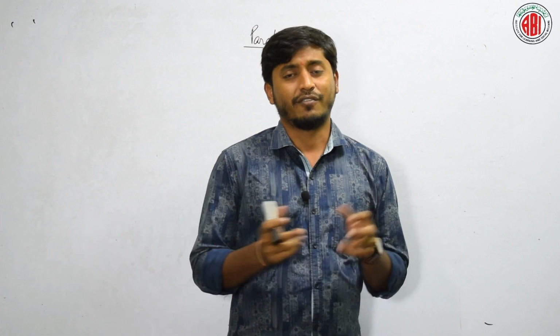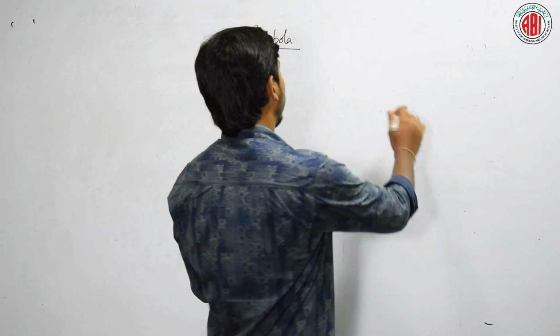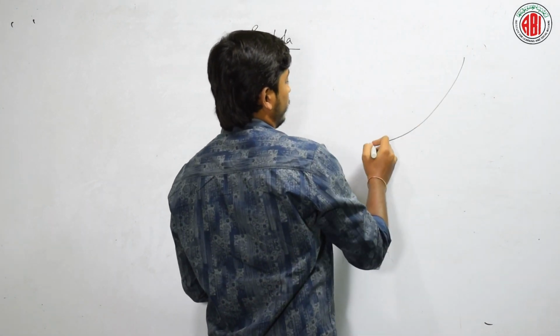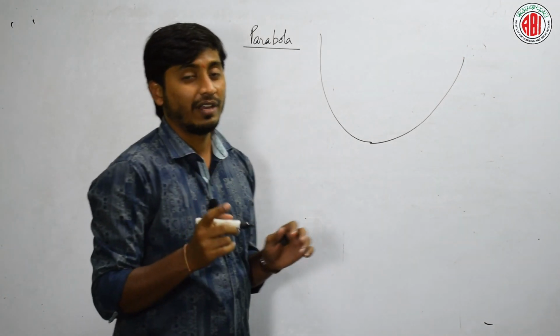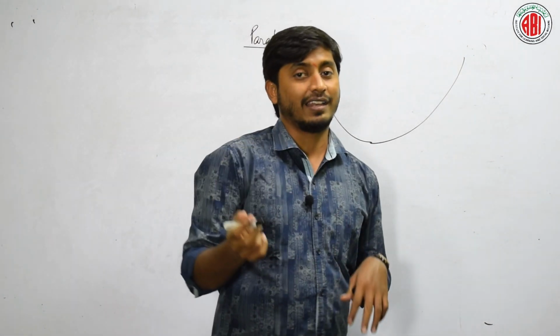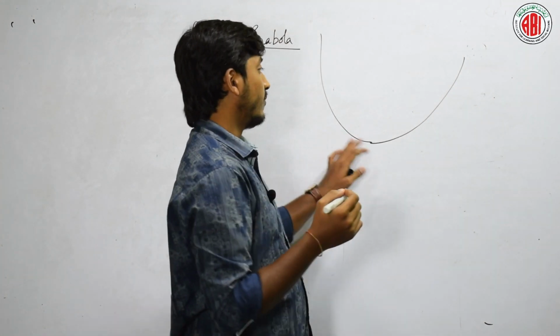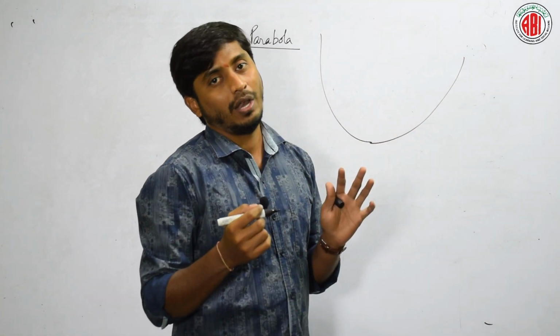Where did you hear this term? As much as I know, you would have studied that the x square graph is a parabola, right? You would have studied this kind of graph from your 10th class itself, isn't it? This kind of shape is called a parabola.